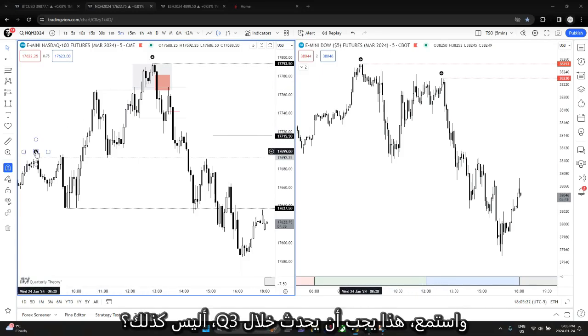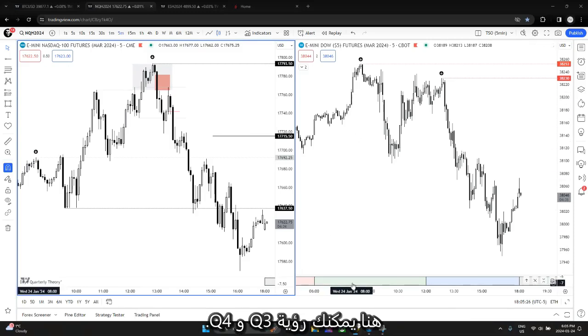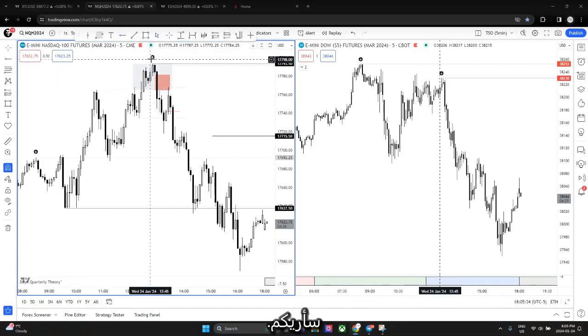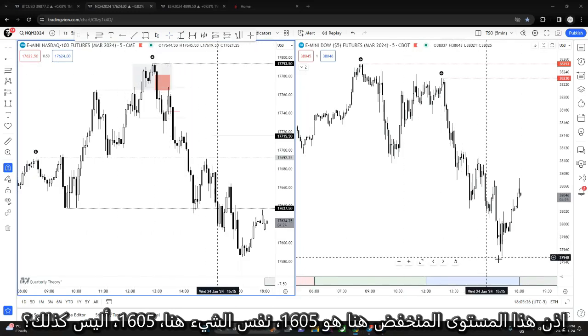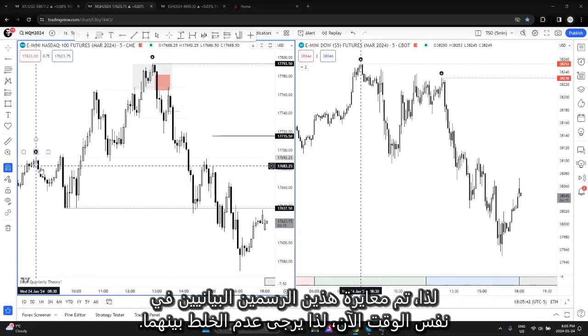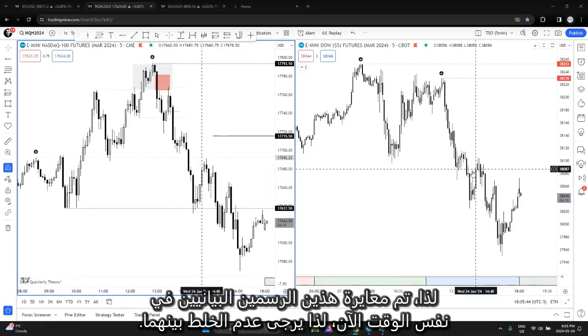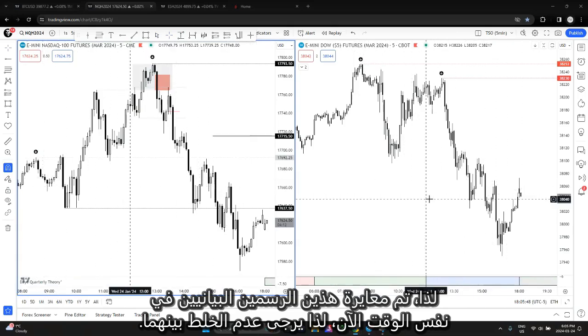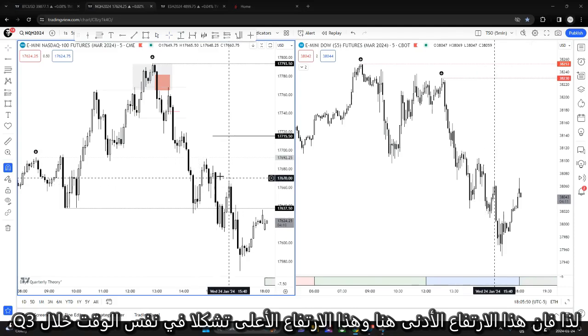And listen, this has to happen during Q3, right? Over here you can see Q3 and Q4. It's the same time right here. Let me show you. So this low right here is 1605. Same thing right here, 1605, right? So these two charts are calibrated on the same time right now. So please don't get confused.